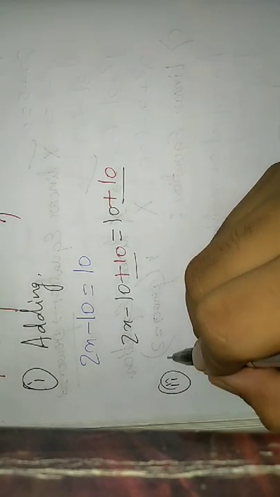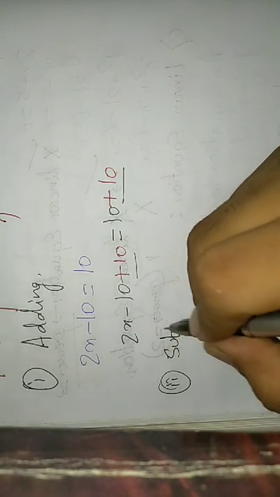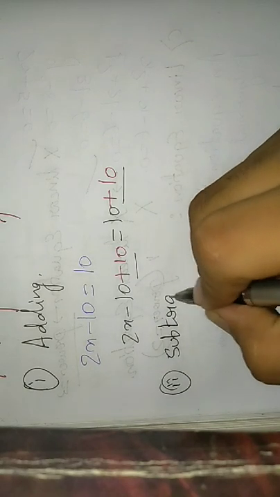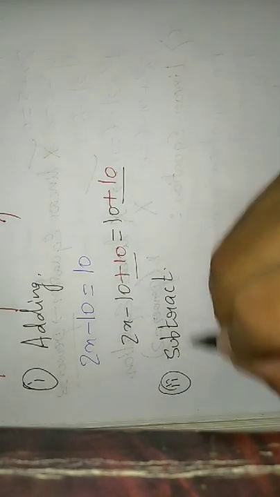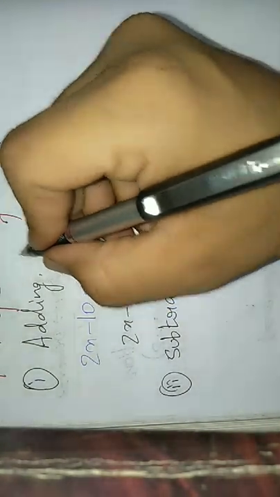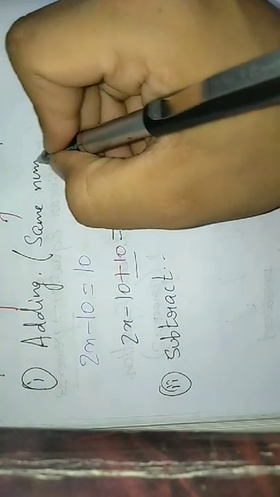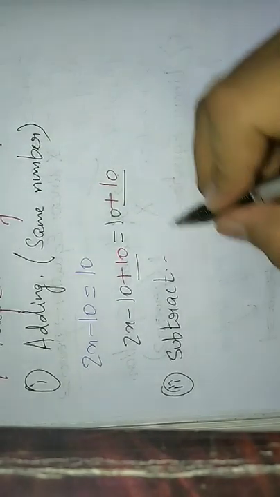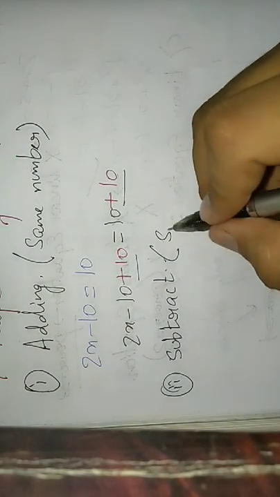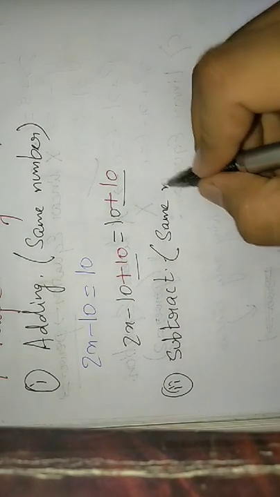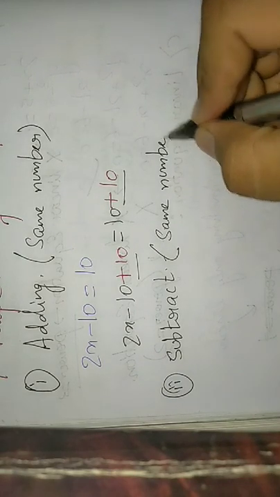Number 2, when we are going to subtract, we can subtract the same number. Addition has to be the same number, subtraction also the same number, from both the sides.